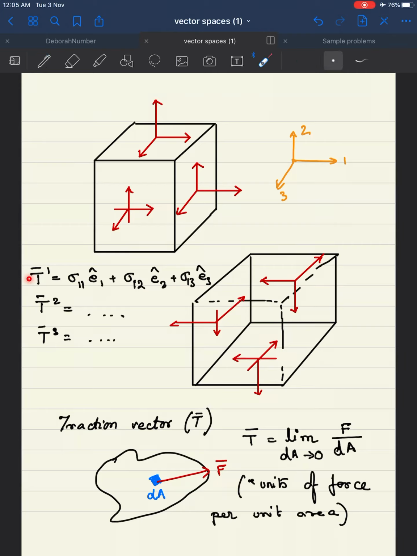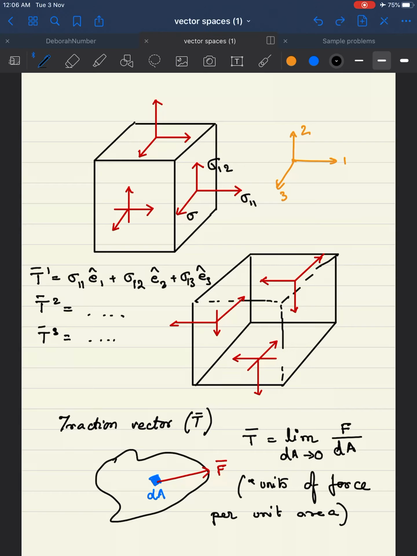So T1 here denotes this particular face, the entire force acting on it, and these quantities which are coefficients of these unit vectors become what I call the stress. So this is now your sigma 1 1, and we have already done this. I'm just doing a quick recap of last class. So sigma 1 2, this is sigma 1 3.